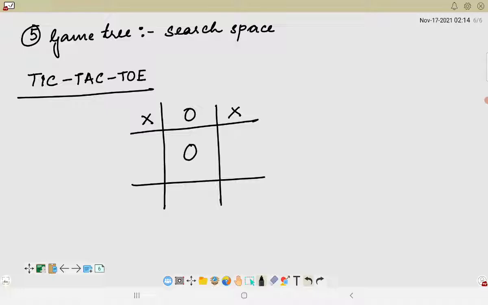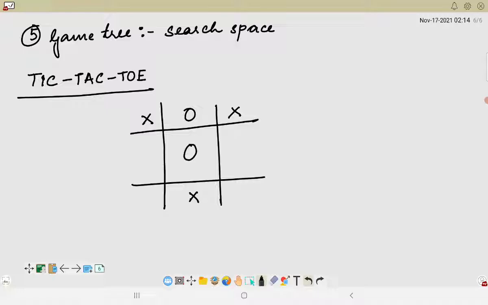Similarly, player 1 has the strategy of not letting player 2 win. This represents a classical tic-tac-toe problem which we have been playing since our very childhood.